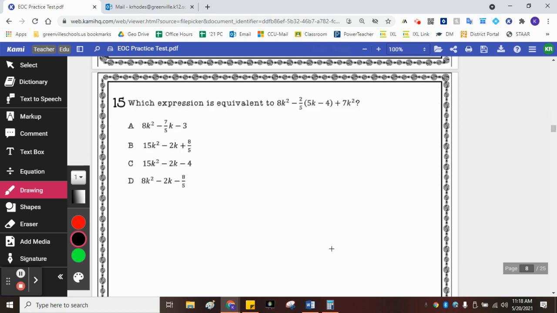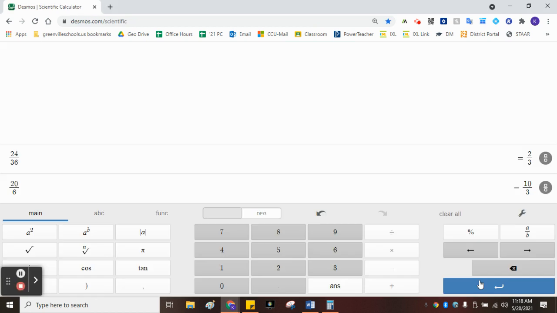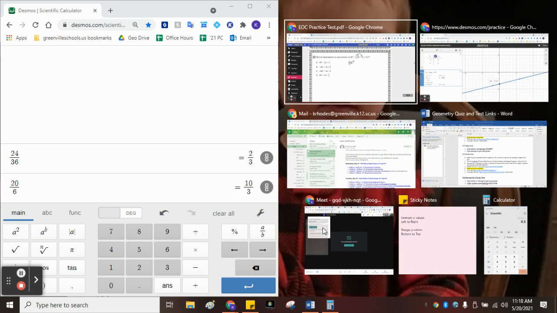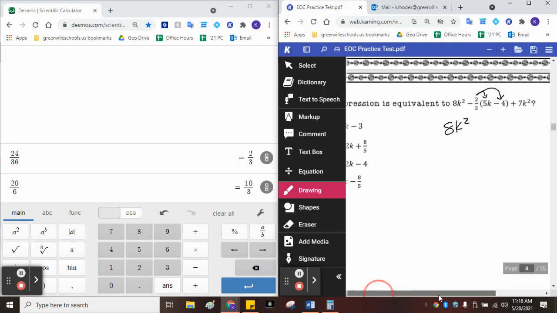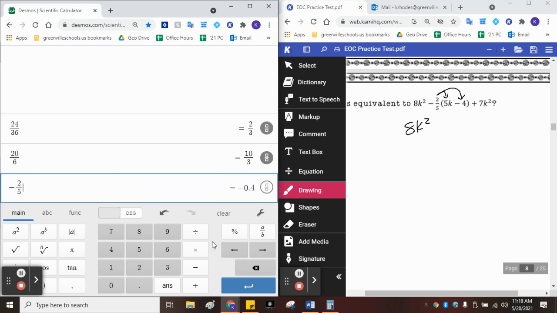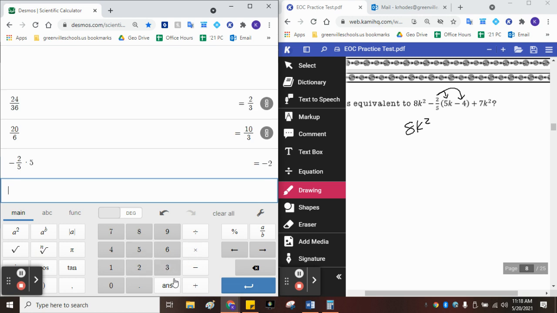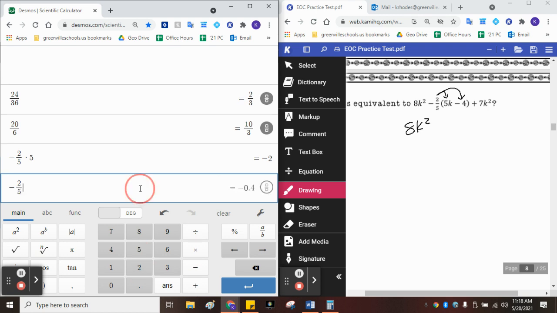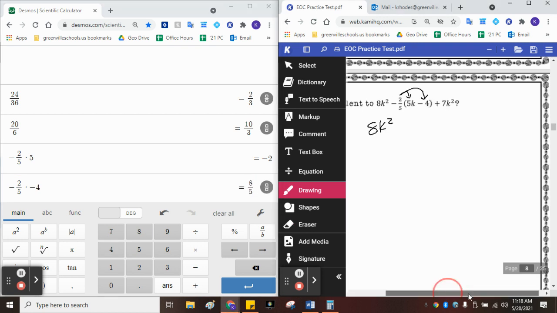Simplify the expression. Okay, we're going to distribute. Negative 2/5 times 5 is negative 2. Negative 2/5 times negative 4, I'll leave it as a fraction because the answers are in fractions, right?